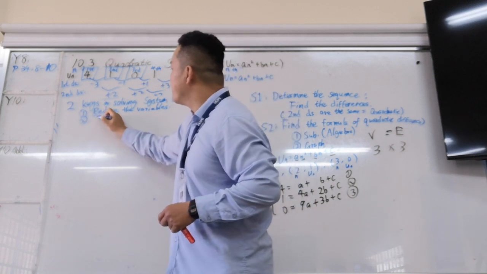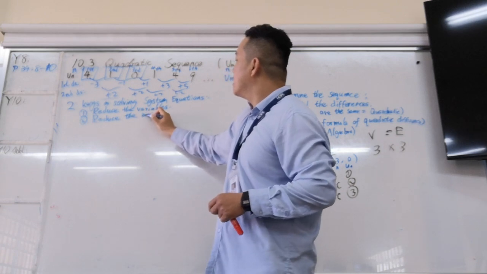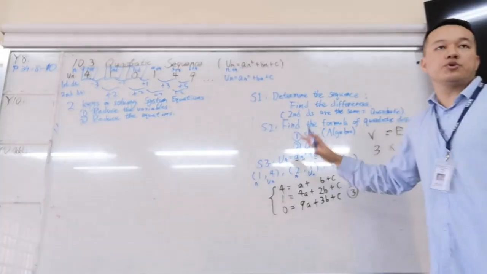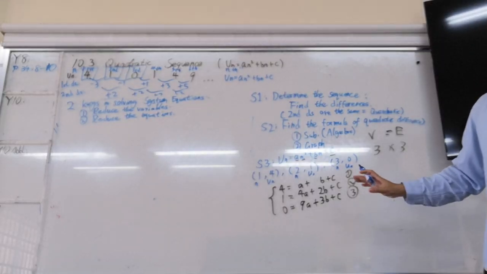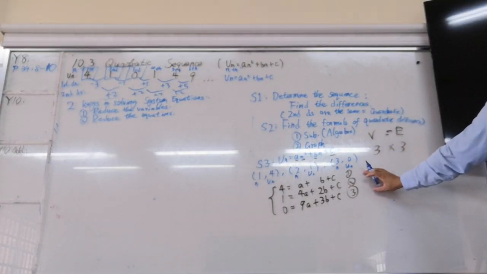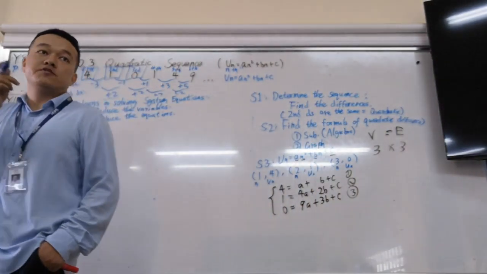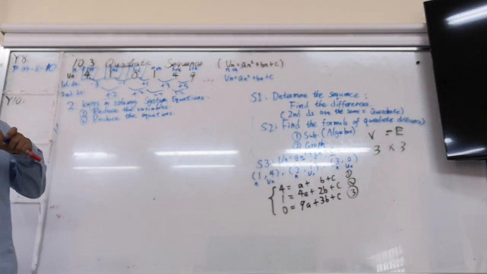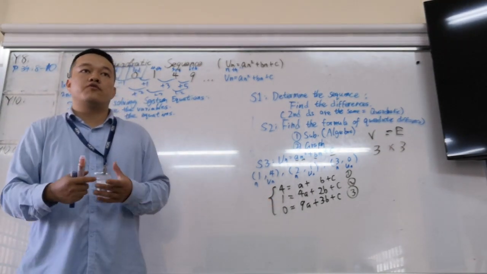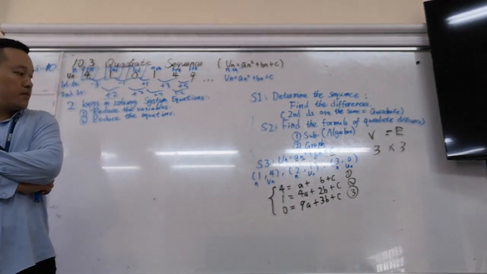Number two, you want to reduce the equations. If you have more than two equations, the first thing you need to do is reduce the three equations into two equations. How would you do that? I'll give you time to think about it. We have three equations now, and the goal is to reduce the three into two equations. Think about how you would do it.